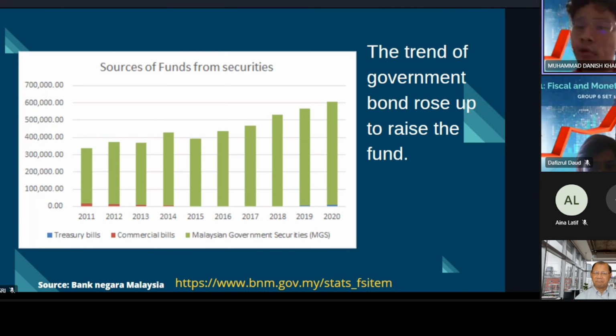So we know that during COVID-19 the government needed more funds. The government sold securities to get funds because during COVID-19 the government's revenue was very low, and this was one solution to get the funds to pay all the expenditure. So that's all for me. Thank you.